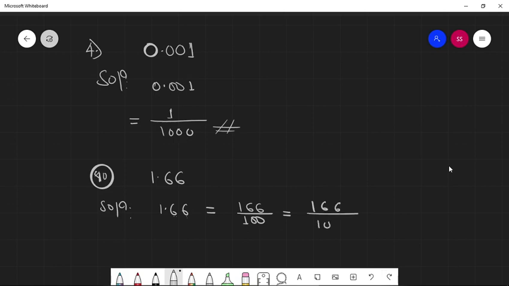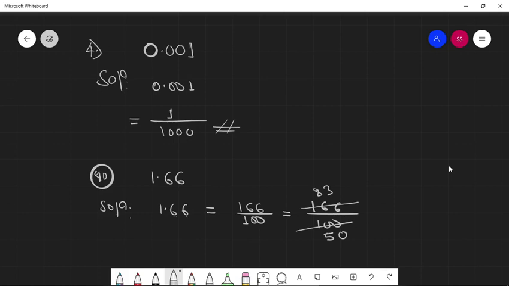166 over 100. This is divisible by 2. 2 eights are 16, 2 threes are 6, so 83, and 100 divided by 2 is 50. Again, let's check if it is divisible by 2: 83 is odd and 50 is even, so we should not do that.